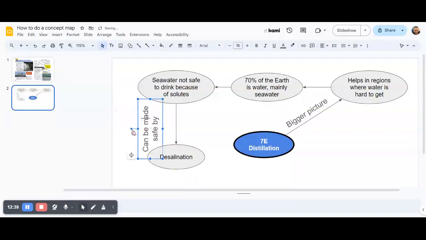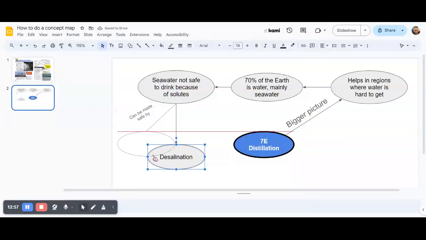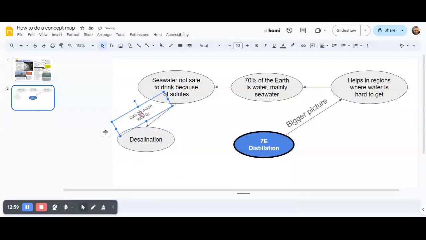And now what I'm thinking is let's just make this a little bit smaller so I can actually fit it in. And then what I could do is I could just bring that up over here, and I've got the perfect link. Okay, and so that's essentially another link in the map.